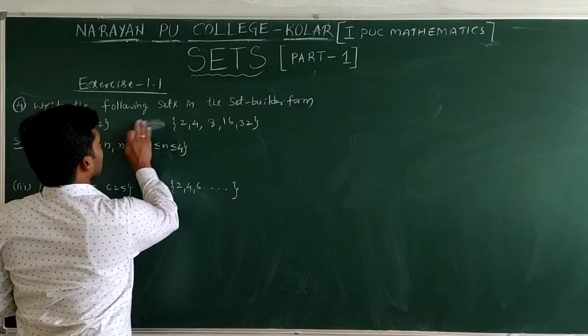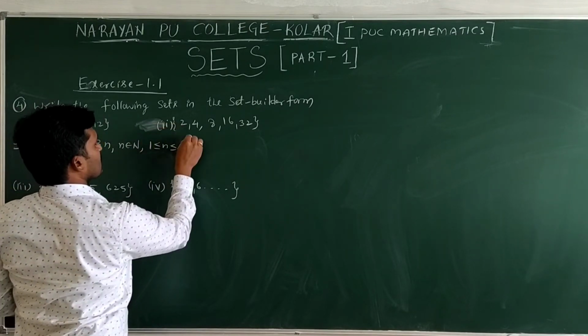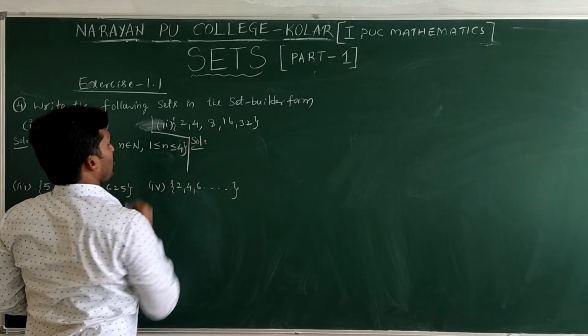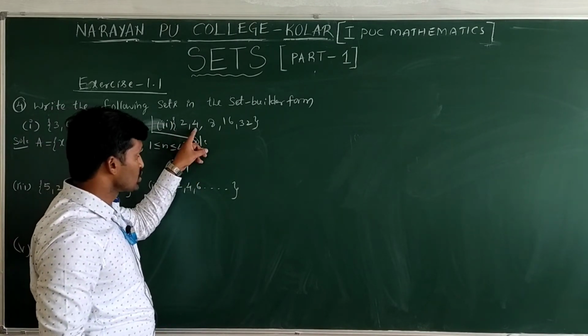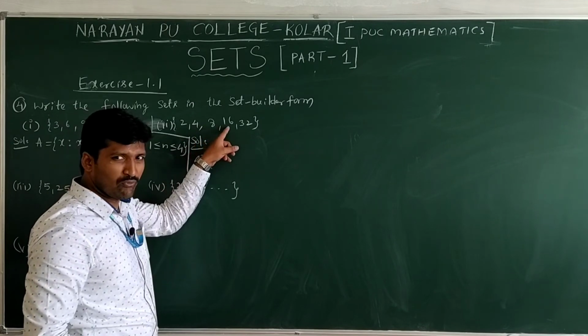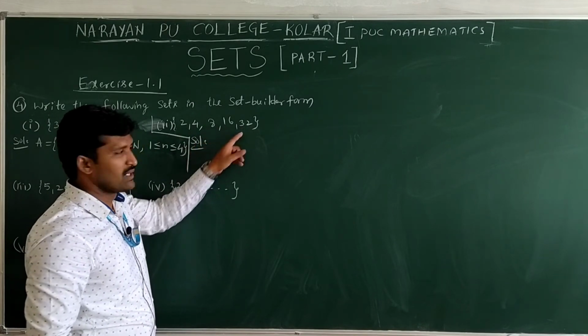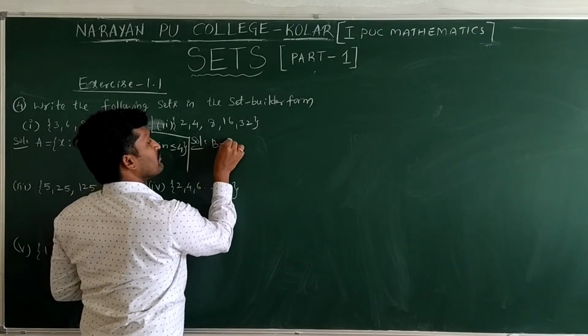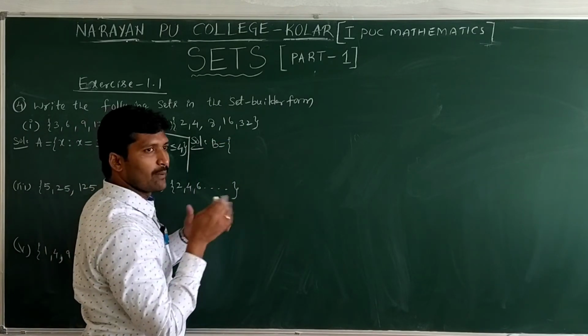Coming to the second question. Second question: 2, 2 square, 2 cube, 2 power 4, 2 power 5. So the power is increasing. Okay, no? Here I make this set B. It takes x only with capital letters.